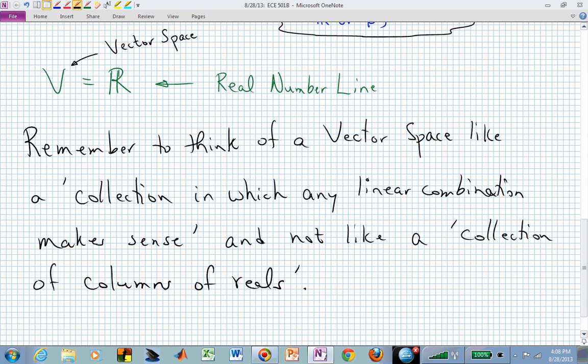Now that I make that claim, sometimes it's nice to actually go back, though, and think about these weird vector spaces like a column of numbers. So you want to keep both concepts in mind.